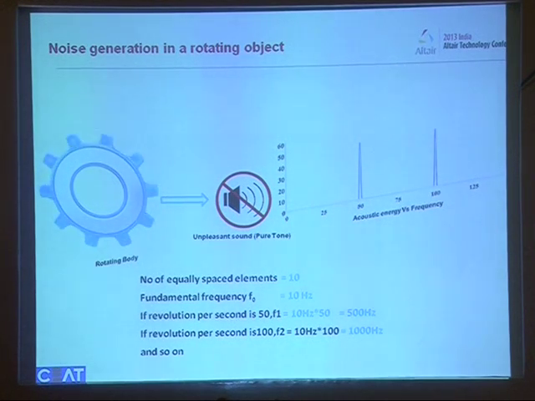Similarly, if it is 50, noise will be 500 hertz. So it's basically RPS multiplied by the natural frequency. In these kinds of cases, the noise is called tonal noise, because the entire acoustic energy is distributed at some particular peaks. In this spectrum, we will see only peaks. These are called tonal noise, and these are very disturbing.